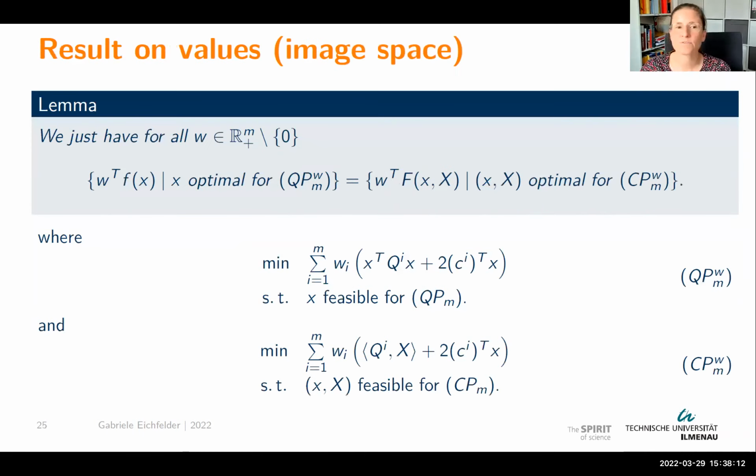You could get some results if you study just the weighted sums of the objective function. So if you fix a weight vector and study the values of this problem and the values of your relaxed problem, of your lifted problem, then in fact the values coincide, but really only for these weighted sums of the objective functions. This is just like a roundup of what we have seen so far.